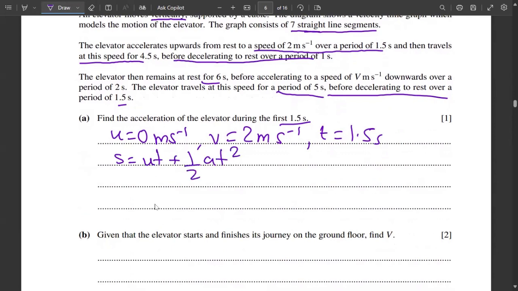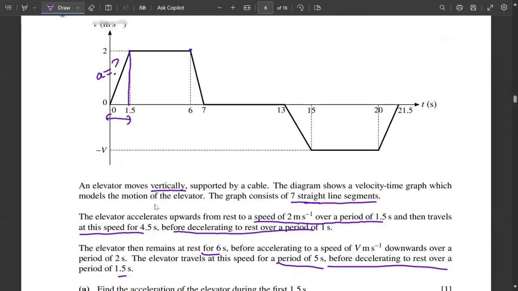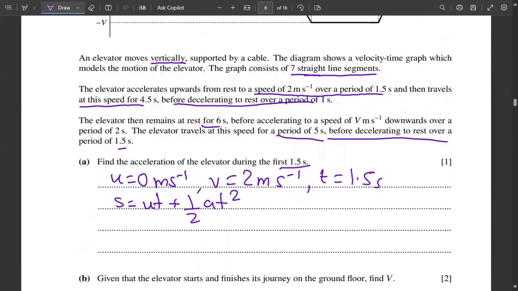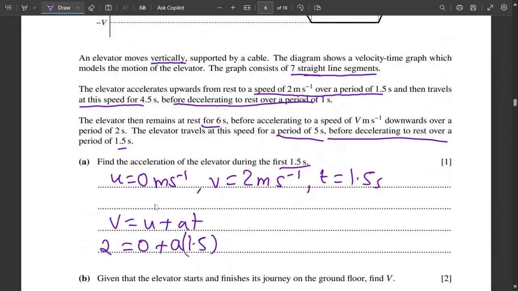And do we know s? No, we don't know. We can't use this. What can we use? v squared equals u squared plus 2as? No, we don't know s either. We can use v equals u plus at. V is 2, u is 0, a we don't know, t is 1.5.